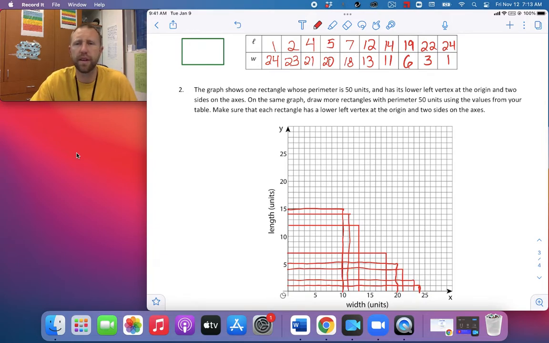There's 14, 11. 19, 6. Magically, iPad failed me there. 22, 3. 20, so there's 21, there's 22. 1, 2, 3. And our last one was 24 long and only 1 wide.